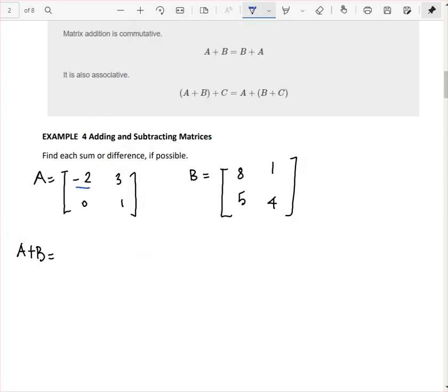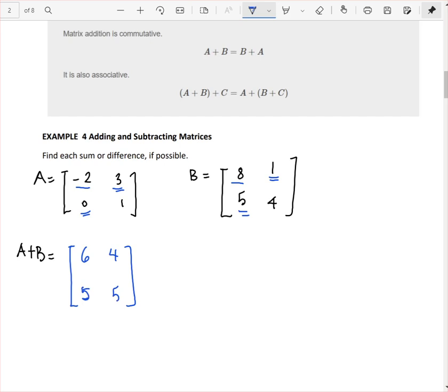Like the -2 goes with the 8. So when I add them, I get 6 and I put it there. This one goes with the 1. So 3 plus 1, 4, and I put it there. This one goes with this one. So that's 5, and 1 plus 4 is 5.